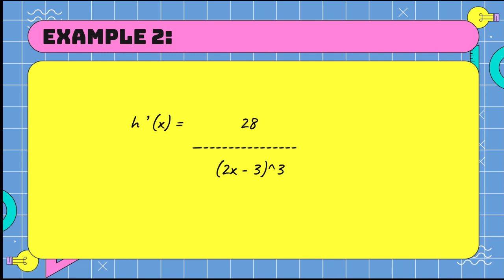And then for the denominator, we will put the inner function, which is 2x minus 3, and the power of it, which is negative 3. Since we don't want the negative sign, when we take it down, the negative sign will go. So the answer will be 28 over (2x minus 3) to the power of 3. So the negative was gone because we took the number down.